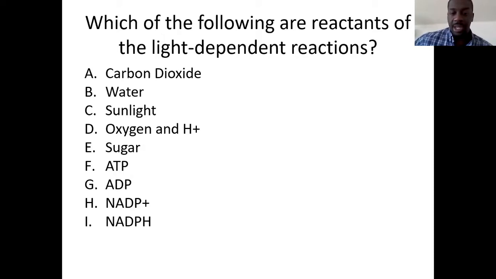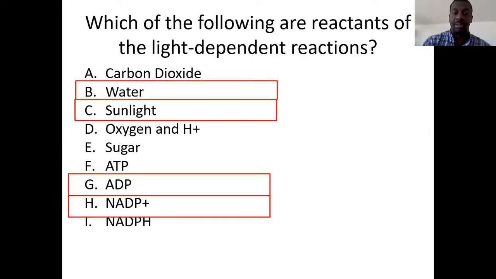So the answers are B, C, G, and H. We're starting with water, sunlight, ADP, and NADP plus in the light-dependent reactions. Those are what we start with to begin this process.